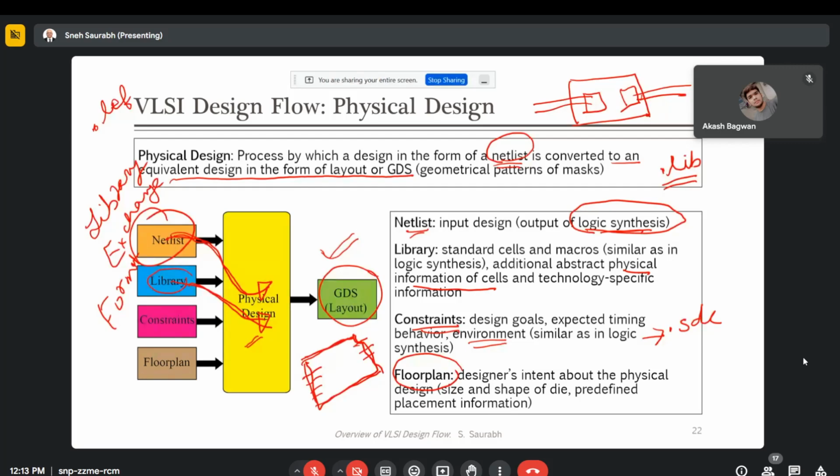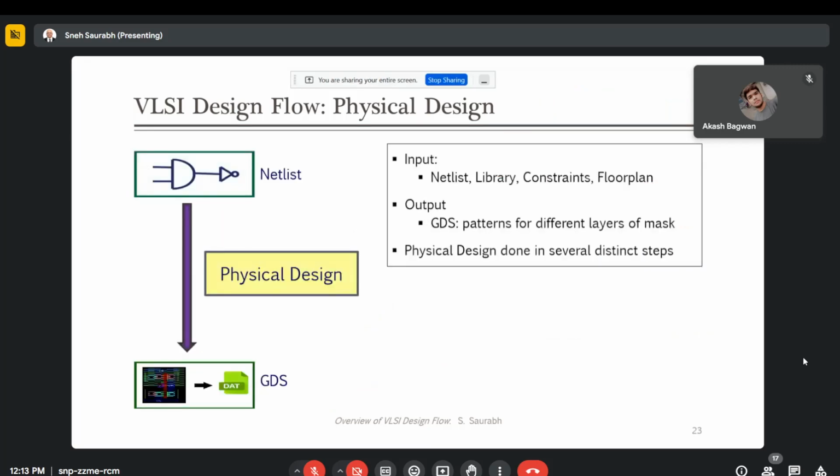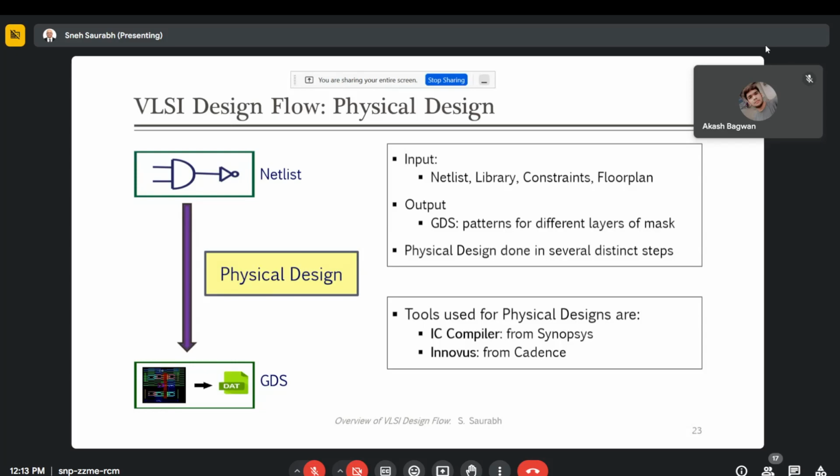Now, which commercial tools do we use for carrying out physical design tasks? The most widely used tool is Innovus from Cadence, and we also use IC Compiler from Synopsys.